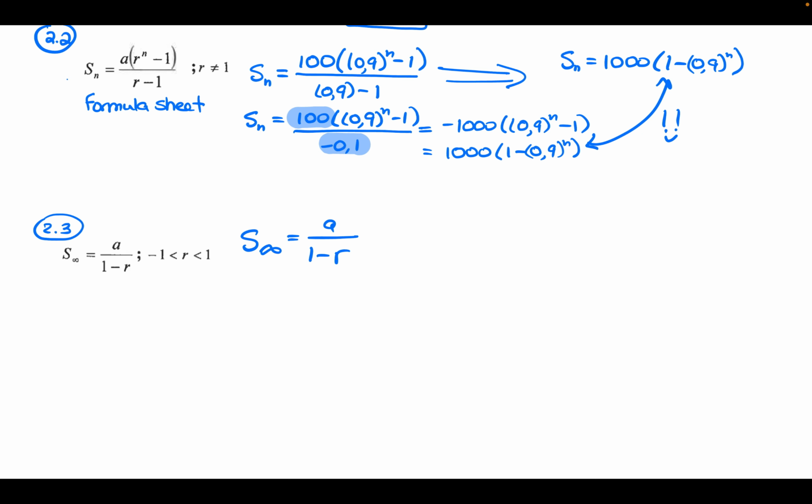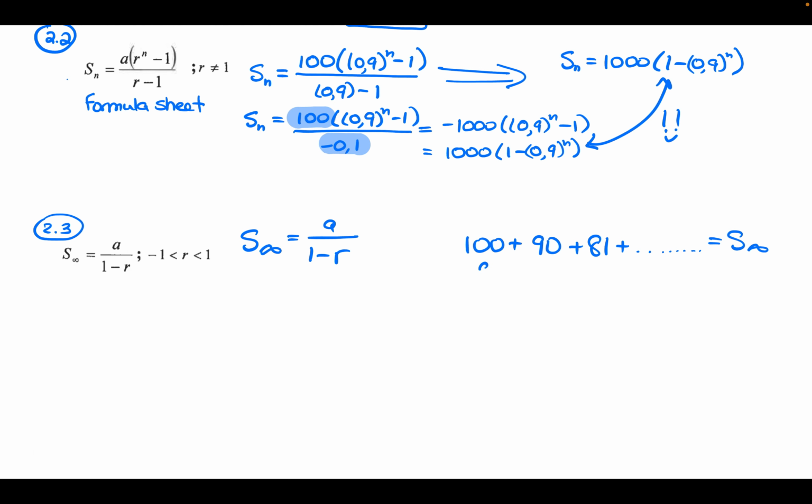So what that means is if we added all the terms, 100 plus 90 plus 81, and so on, and we went on and on forever, that's what equals the sum of all the terms. So it's a nice simple formula we can use.